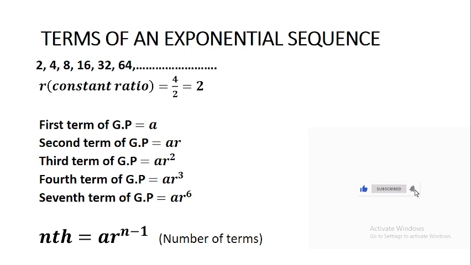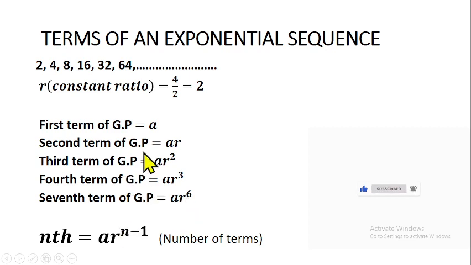In AP, you're having A plus something, A plus something, A plus something. But in GP, R is raised to power something depending on the term you are looking for. Don't forget that the power only affects the R, not A. It is only affecting R, the constant ratio.